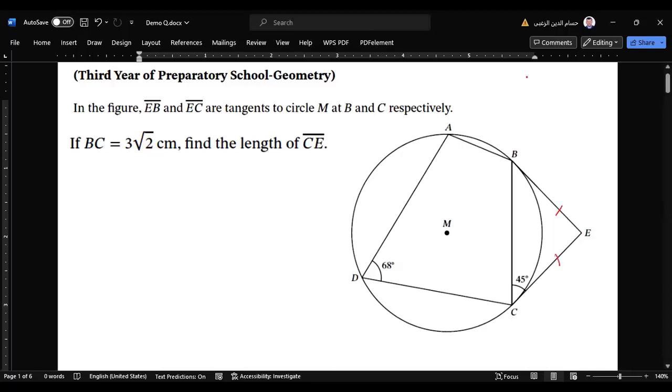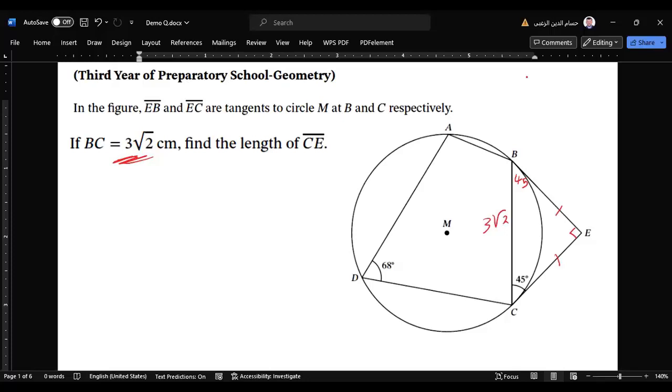Since they are equal in length, this angle measure is 45, that also is 45, then the third angle is 90. And he said that if BC equals 3√2, he wants me to find CE.